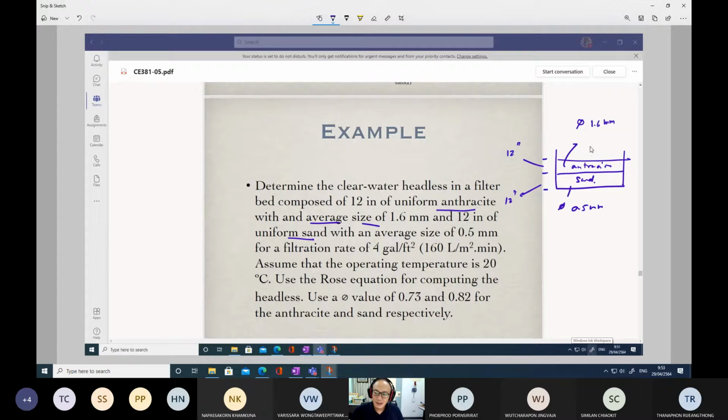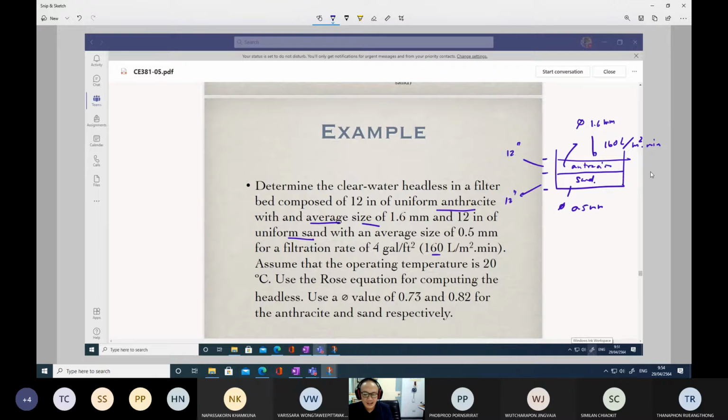This filter is operated under a filtration rate of 160 liters per square meter per minute, or in US customary units, about 4 gallons per square foot per minute. The temperature is 20 degrees Celsius.